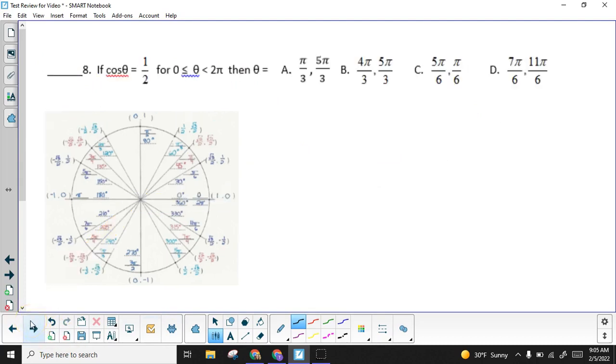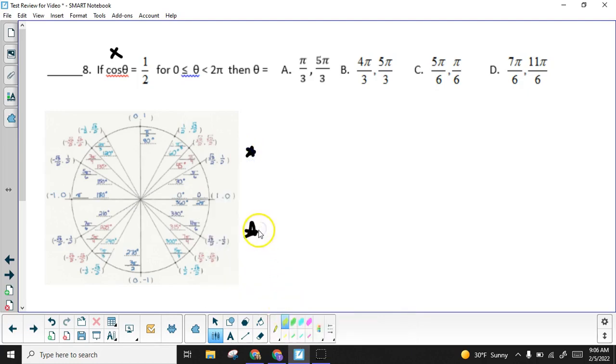Number 8, if the cosine of theta is 1/2 for values of theta between 0 and 2 pi, then the values of theta are which of these? So the cosine is just our x coordinate. We're looking for x value of 1/2, which we know is our pi over 3 family, and where x is positive, that is going to be in quadrants 1 and 4.